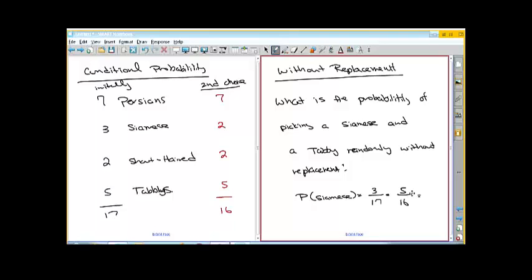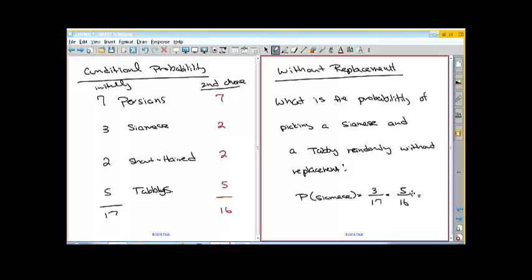So I can do that calculation, and if there's some way of simplifying it I'd do it before, but in this case I don't think there is anything.